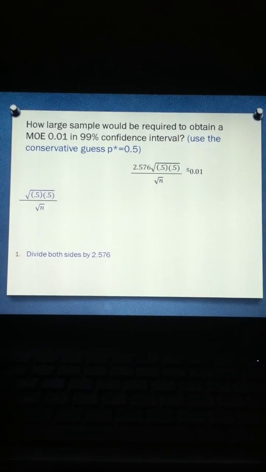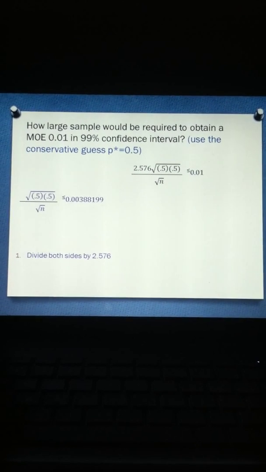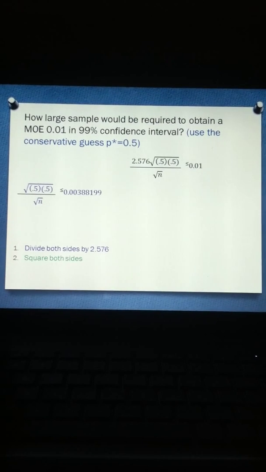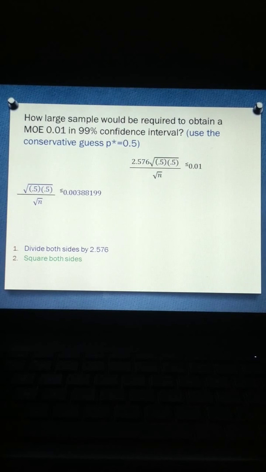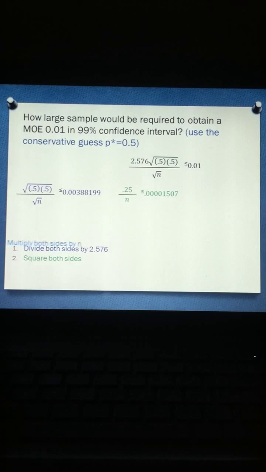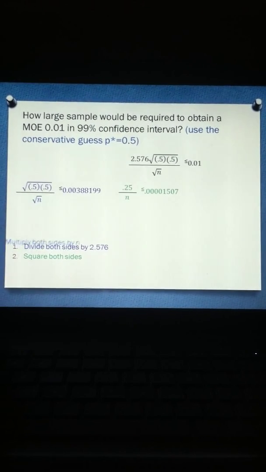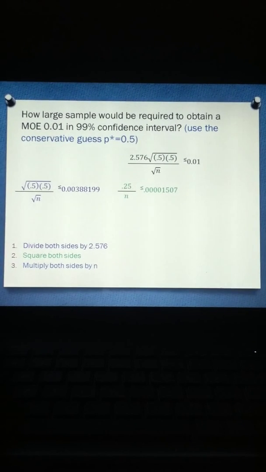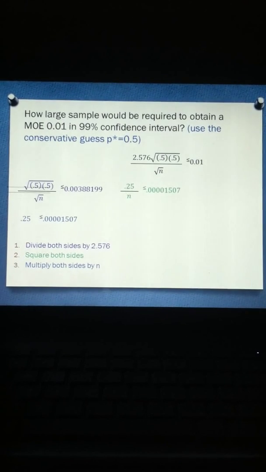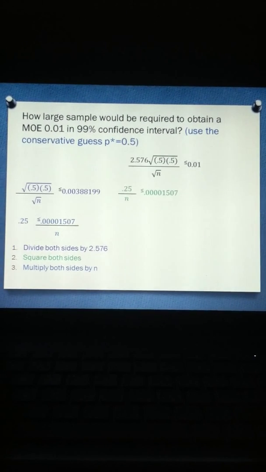Now we have the square root of 0.5 times 0.5, divided by the square root of n, is less than or equal to 0.00388. Now the second step, square both sides. Now we have 0.25 divided by n is less than or equal to 0.0001507. Now the third step, multiply both sides by n. 0.25 is less than or equal to 0.0001507 times n.